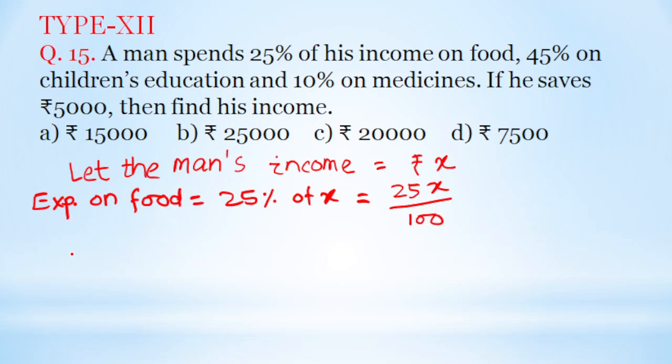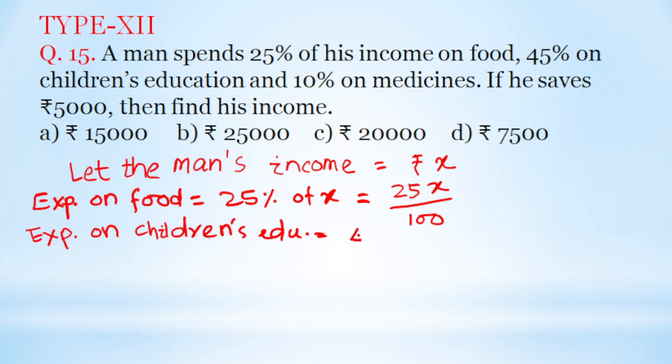Then expenditure on children's education. Children's education is 45% of his income.